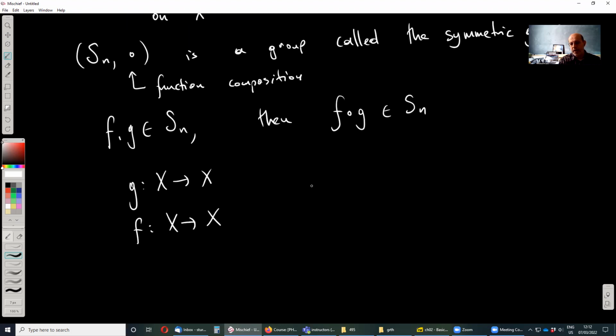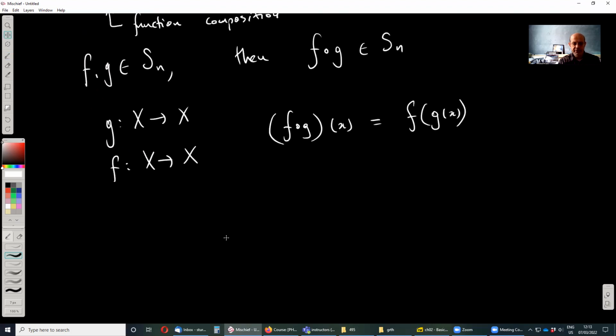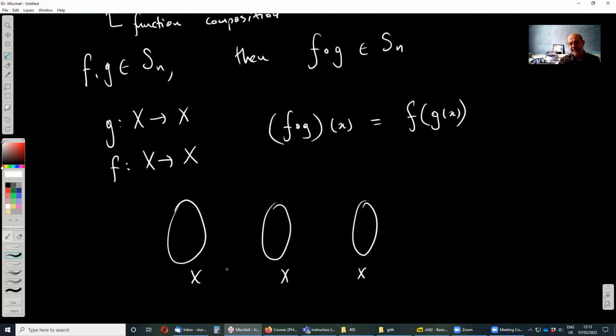So by f of g, we essentially mean a map where every element x is mapped first by g into some element, and then by f into another element, right? So you can think of it like this. That's the set x, that's the set x, and that's the set x.